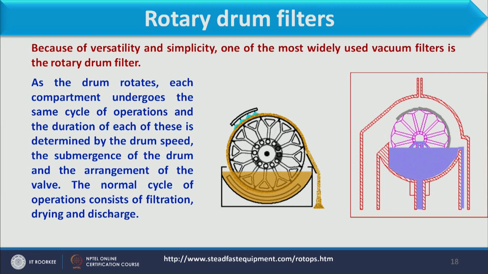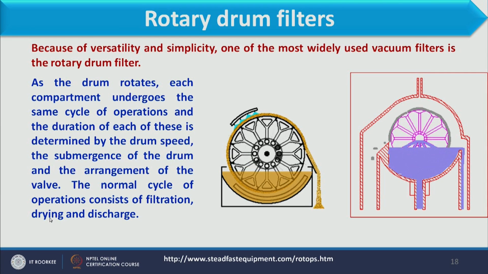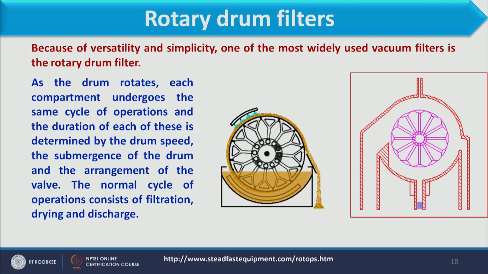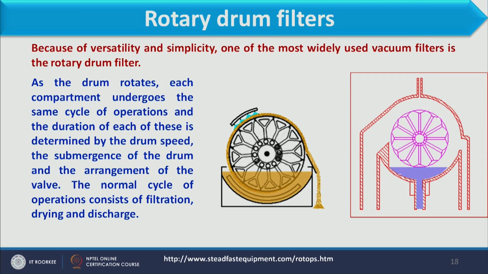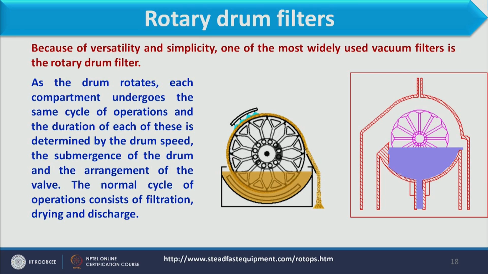The normal cycle of operations consists of filtration, drying and discharge. So you see there are different steps involved in filtration, and all steps are covered in a single rotation of the rotary drum.